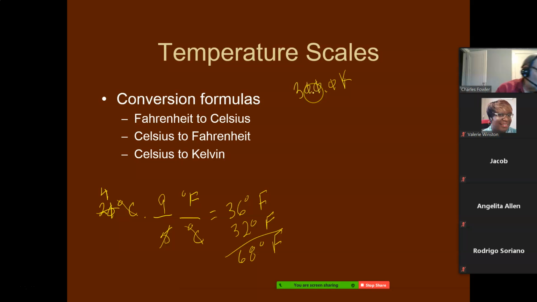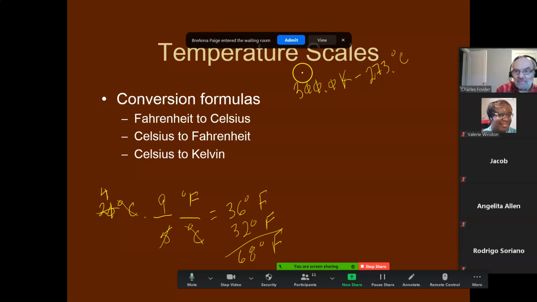Notice you don't use a degree symbol with that. What is the equivalent Celsius degree? Well, what's your formula there? Whatever Kelvin you have, subtract 273 from it.